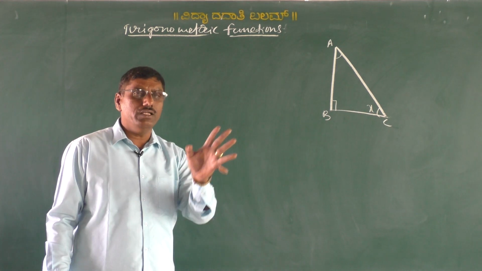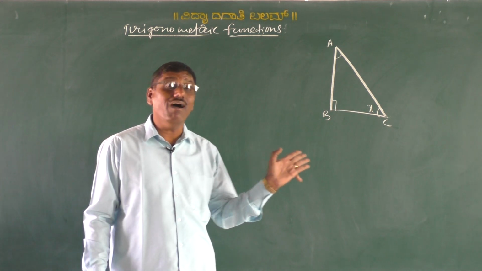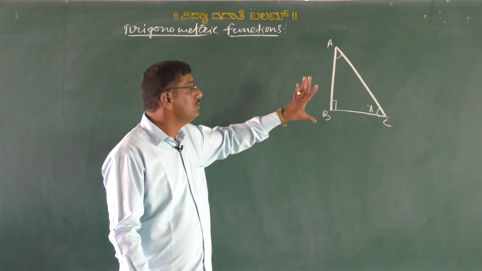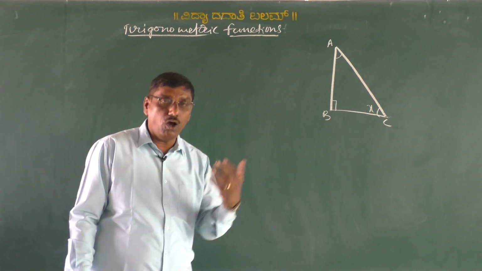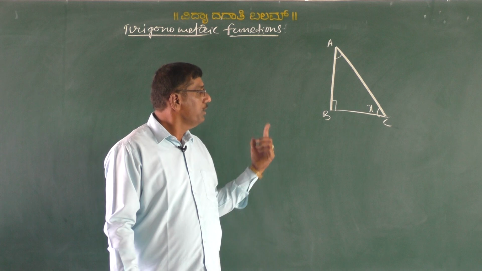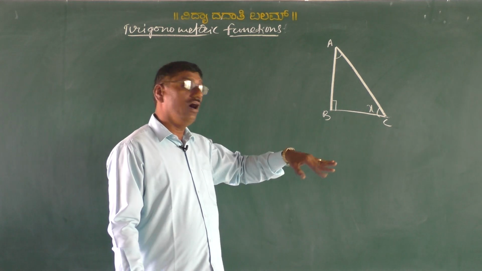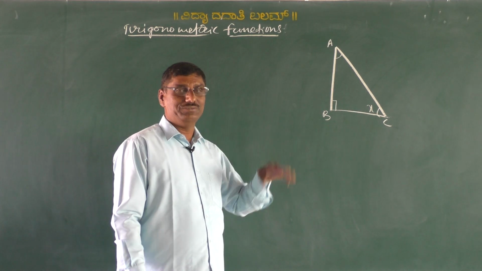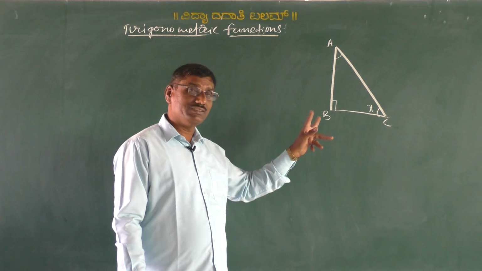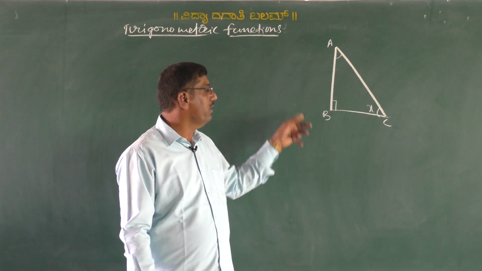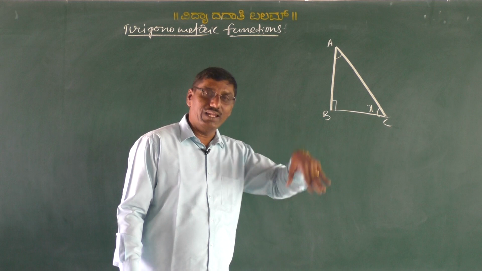We can arrange six proportionalities. How? That is AB, BC, AC, and also we can write six arrangements: BA, CB, CA, like that.